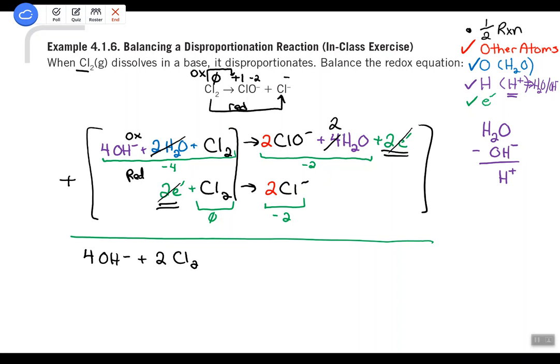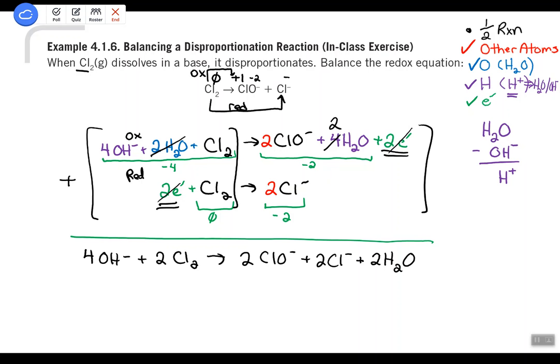I have 2 molecules of chlorine. So I can double check my charges. 4 total negative charges on the left, 2 and 2 negative charges on the right. I have 4 chlorines on the left and 2 plus 2 chlorines on the right.